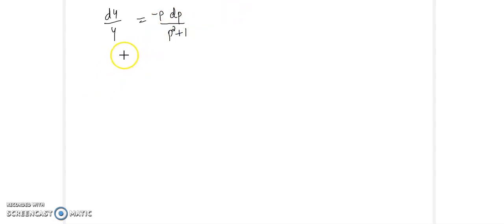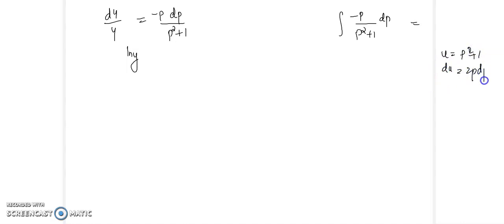So upon integrating you will get ln Y. The integral of minus p by p square plus 1 dp: put u equal to p square plus 1, so du will be 2p dp.